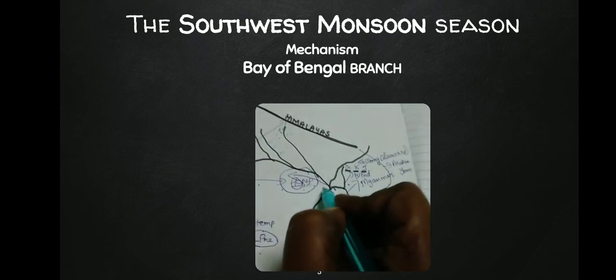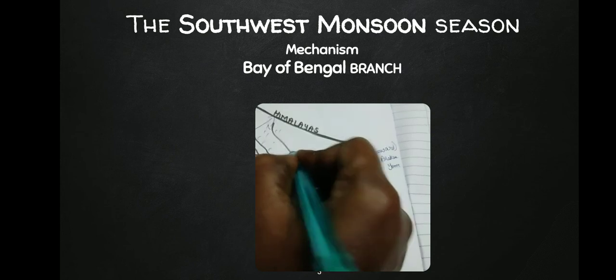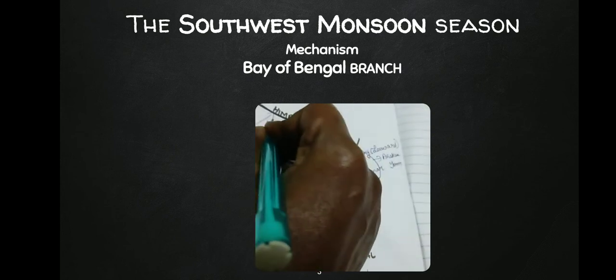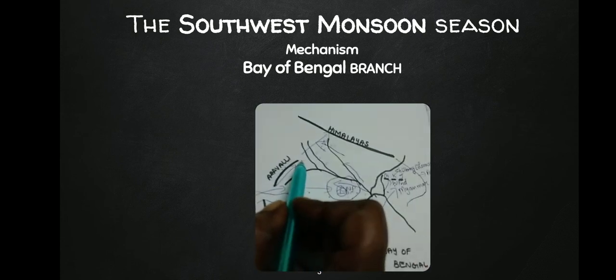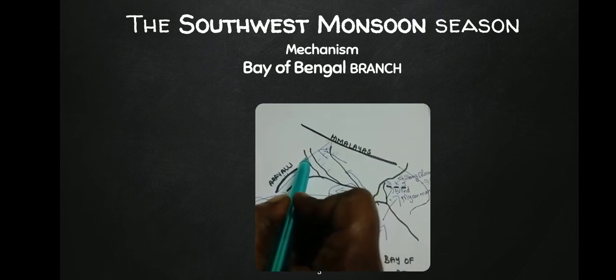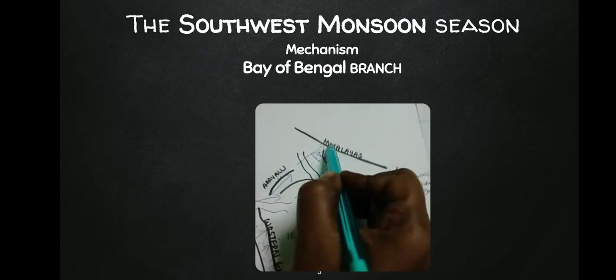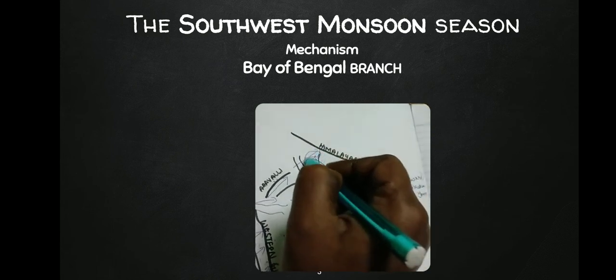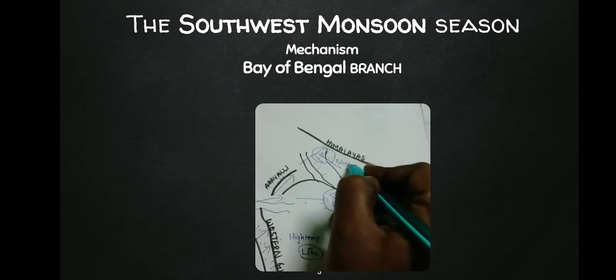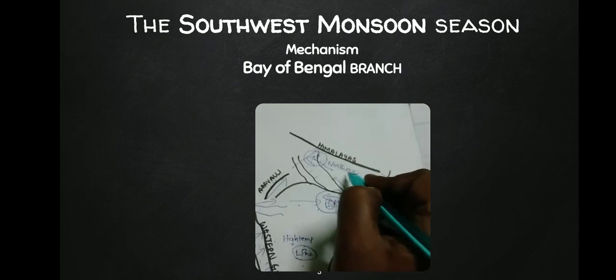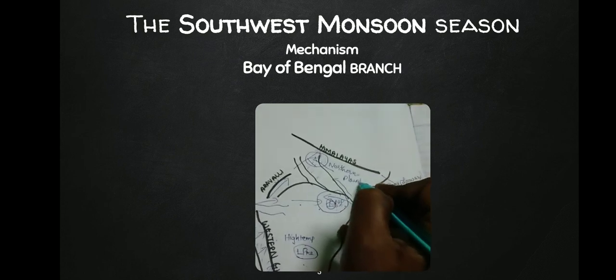And this wind also blows over the northern plains and meets the Arabian Sea branch at the foothill of Himalayas and gives rainfall in the northern plains. Clear?